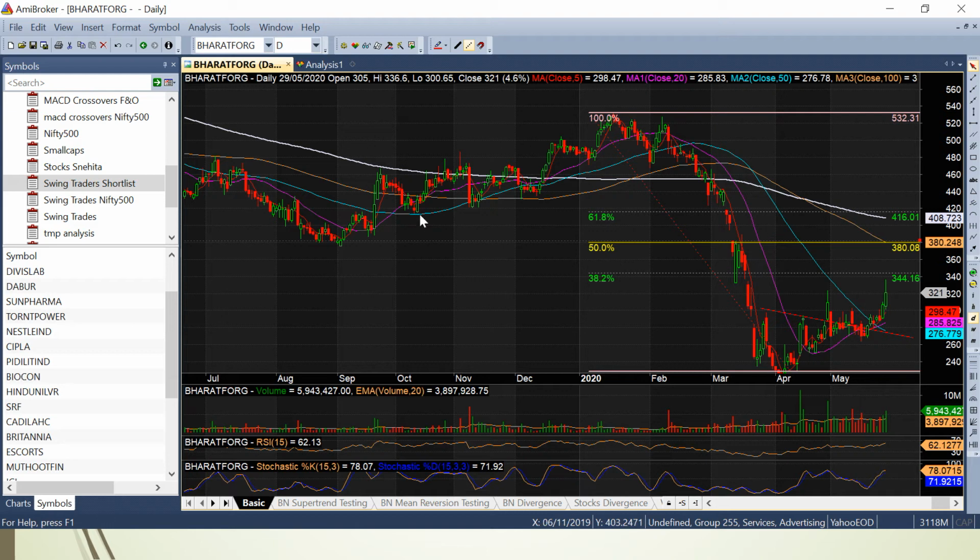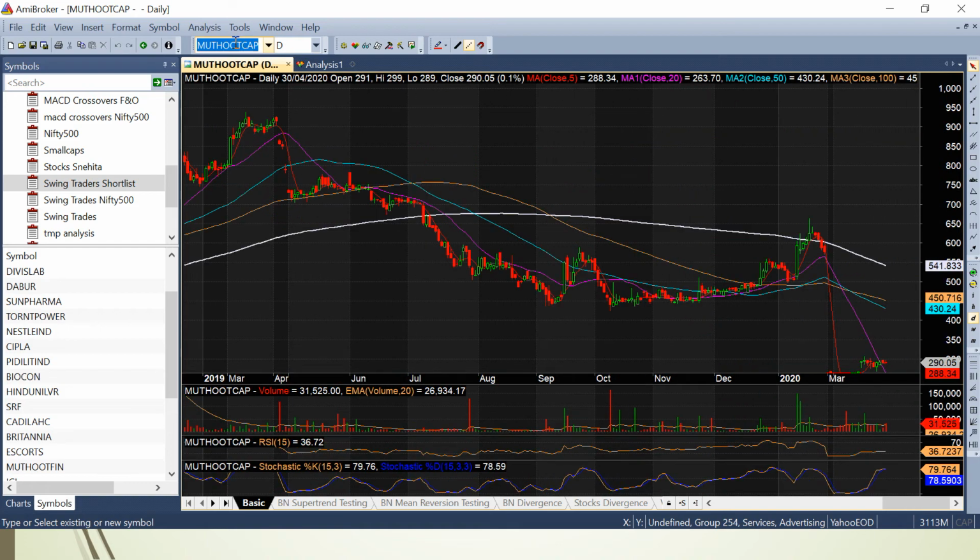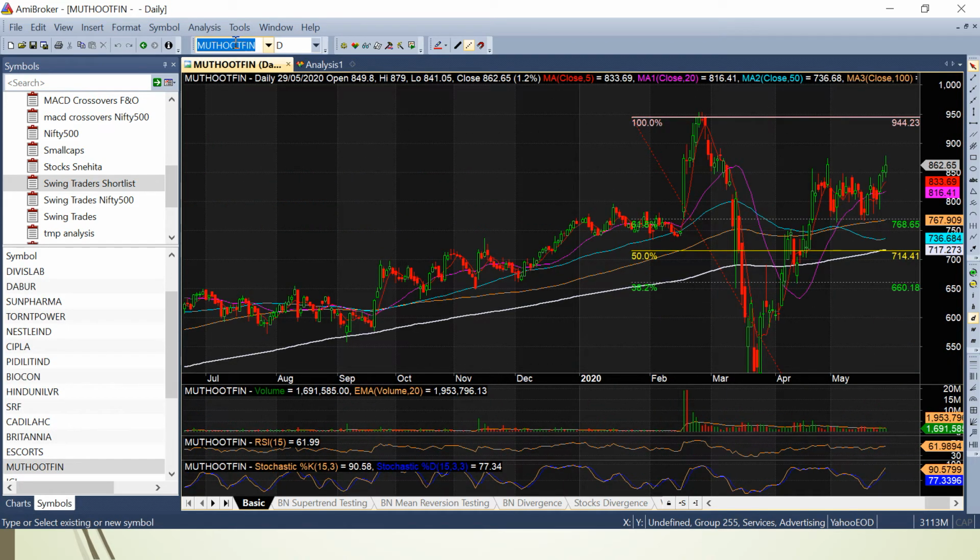Let's look at a little different example, Muthoot Finance, and I'll show you why I'm calling it a little different. Here also we have the same Fibonacci retracement drawn from the lowest point to the highest point.